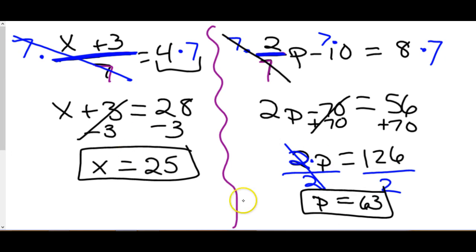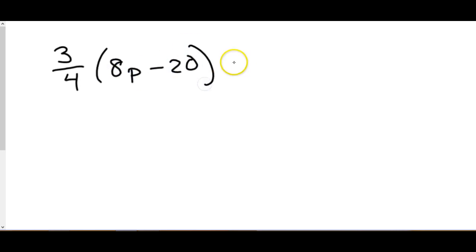So we can add in a little more complications by maybe including some parentheses. So again, we want to multiply by whatever is dividing. Since we're dividing by 4, we want to times by 4. Again, when we say multiply by everything, that can kind of be misleading.